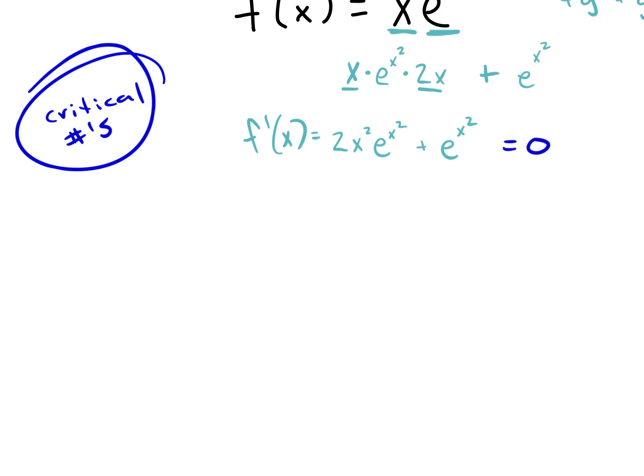So when we set this equal to 0, typically when you have your e's, when you have exponential functions here, you want to take out your GCF. So always look and see, do I have a GCF in my terms? Do we have a GCF? What's our GCF? e to the power of x squared. So we're going to take that out. So I'm dividing out e to the power of x squared. And we're left with 2x squared plus 1.